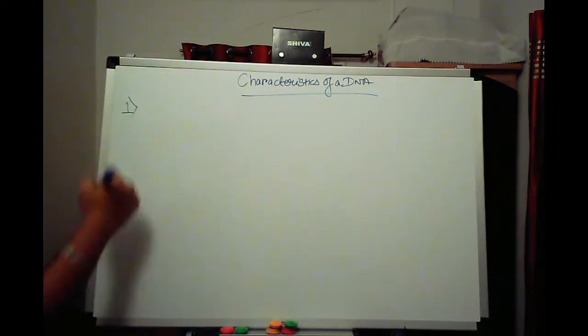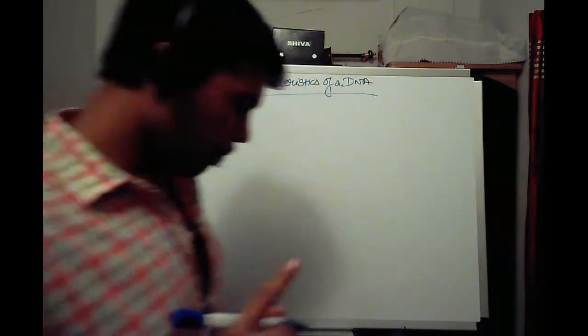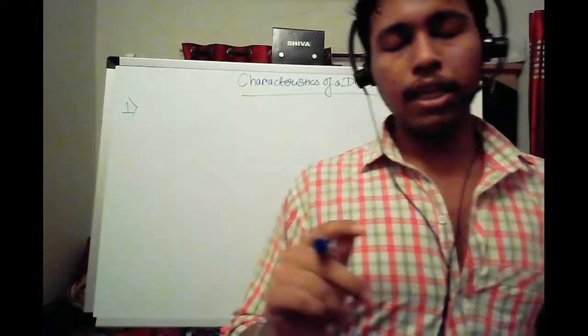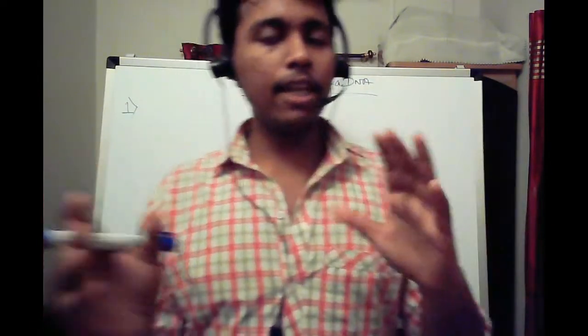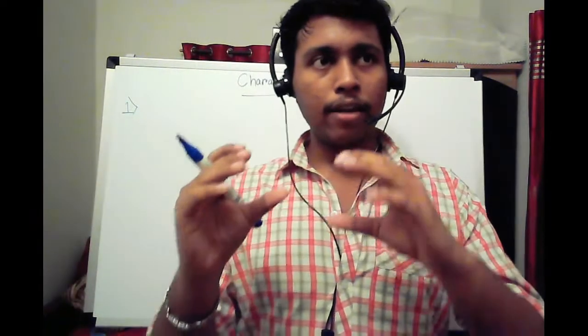Number one, the DNA strands are anti-parallel. If you remember, in the last video I had drawn the detailed DNA structure, though I hadn't focused on those nitrogenous bases, which were just kept as blocks.